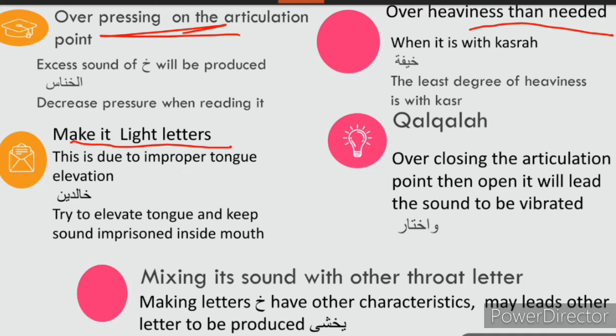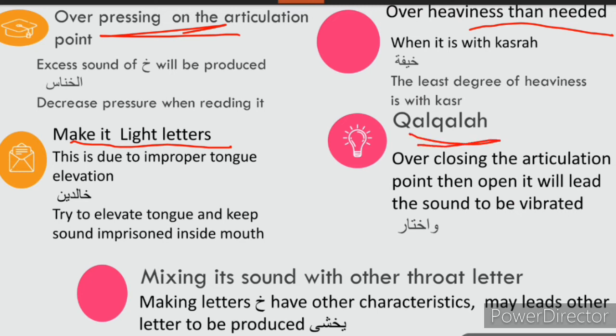Some may read it as khoifa. It is not khoifa, it is khifa. When the letter is with kasra, we have to make the letter a little bit lighter than needed. Khifa, not khoifa. Okay, and this is the third mistake.